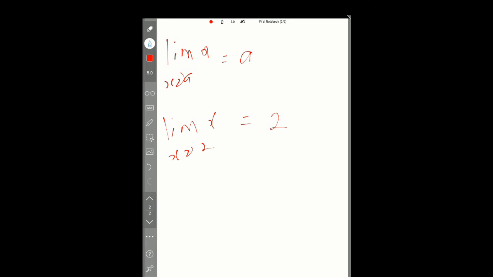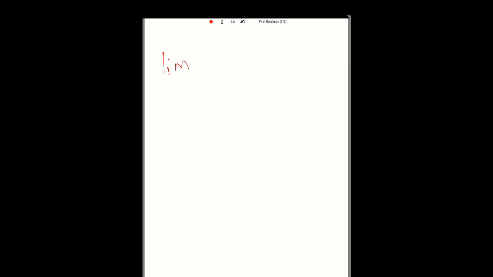Now, let's look at another law or another property of limits. Let's look at one that says the limit of x to the n as x approaches a will be equal to a to the n.